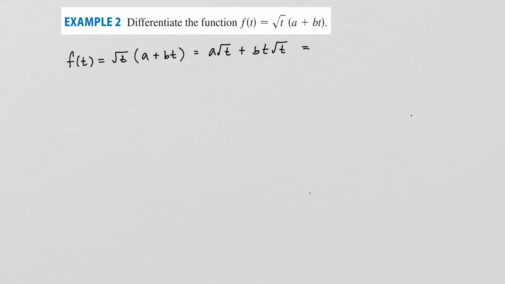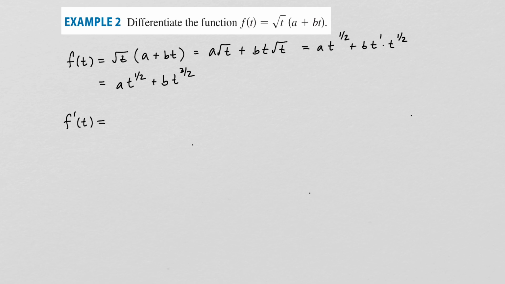I can rewrite this as a t to the 1/2 power plus bt to the first power times t to the 1/2 power. And if I combine those powers by adding, I get bt to the 3/2 power. So I'm just rewriting my original function.